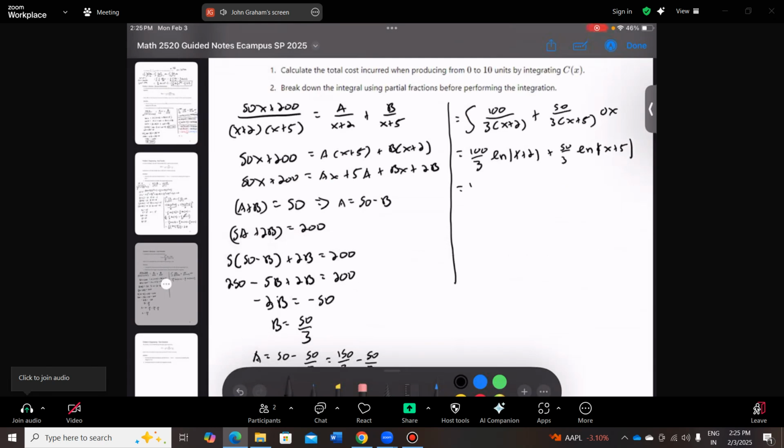So 100 over 3 natural log of 12 plus 50 over 3 natural log of 15 minus 100 over 3 natural log of 2 minus 50 over 3 natural log of 5.